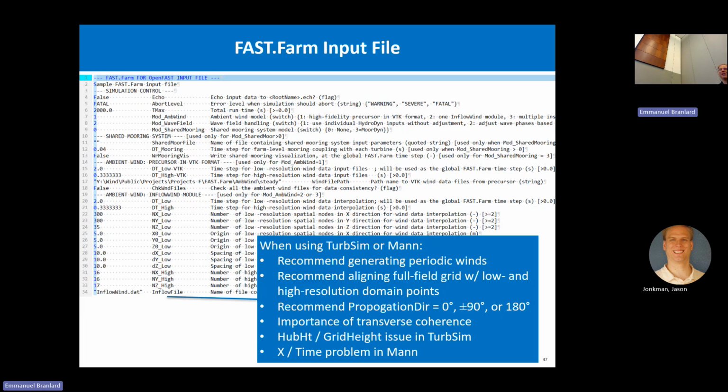That was the original thought: we don't need to align them, we can just have them independent and interpolate. And it does work, it does interpolate, but what we found is that the interpolation smooths out the turbulence. So if you're inputting TurbSim at 10% TI and your grid points are halfway in between, it interpolates it in. Effectively, FAST.Farm will see it as 8% TI instead of 10, just because the interpolation smooths it out. And that's been a big sticking point.